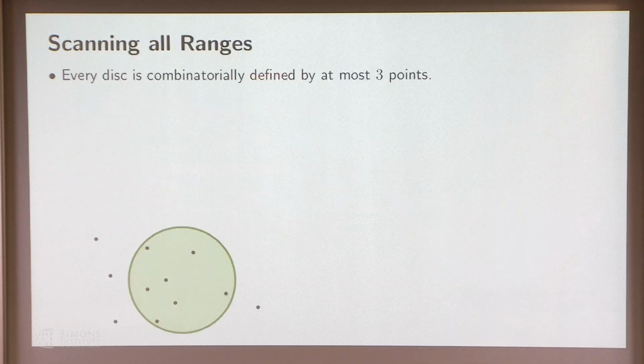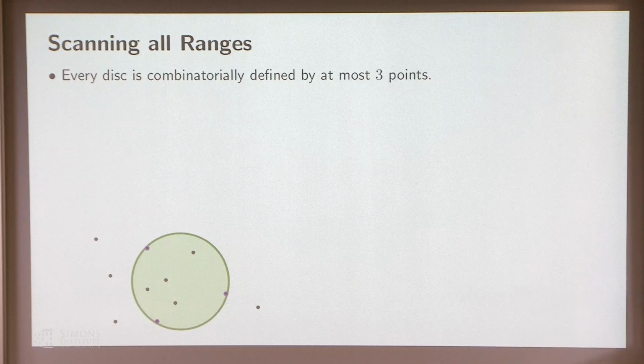Now we need to scan every range, just to give you a sense of what this is like for disks. We want to think of every possible range, but using geometry combinatorially, we know that every disk is defined by at most 3 points. I can shrink it until it can't shrink anymore, and there'll be at most 3 points needed to define this region.